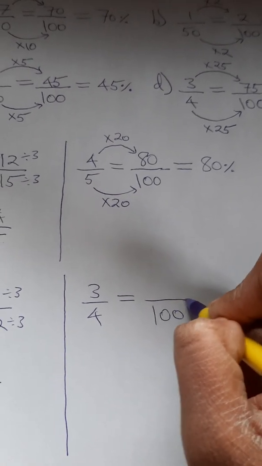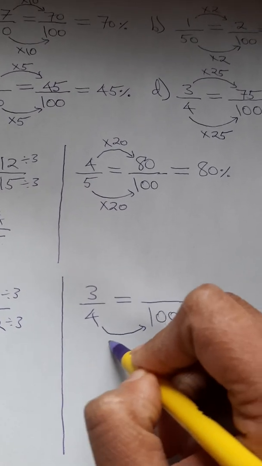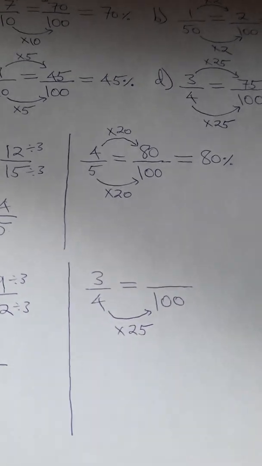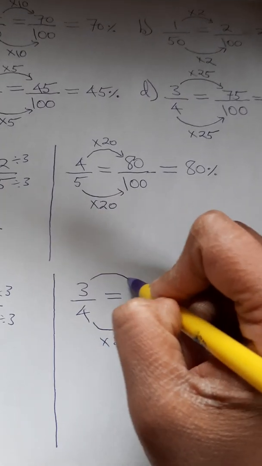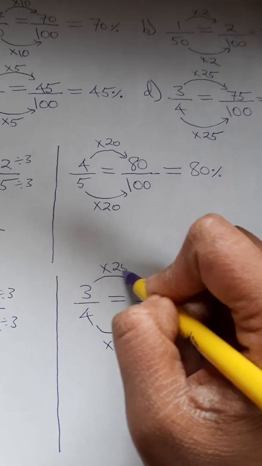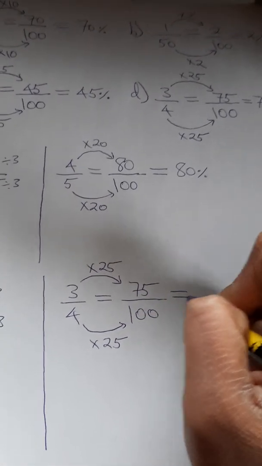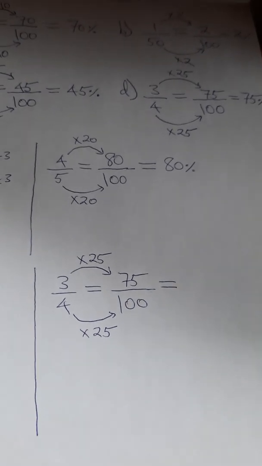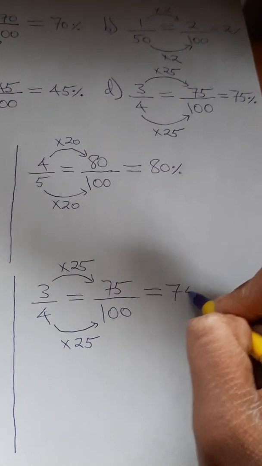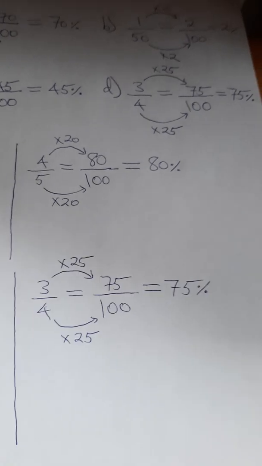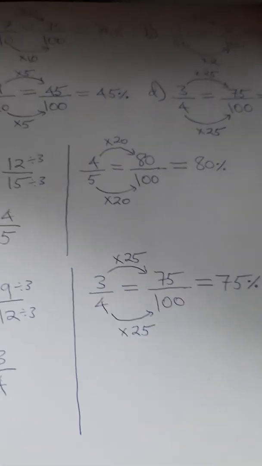I'm going to put this over 100. I can see 4 times 25 gives you 100. And we're doing 3 times 25, which is equal to 75. My fraction now is going to be 75 over 100, which is equal to 75%. Does everyone see that?